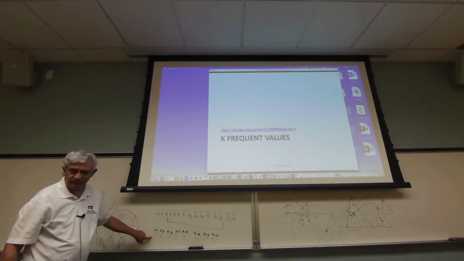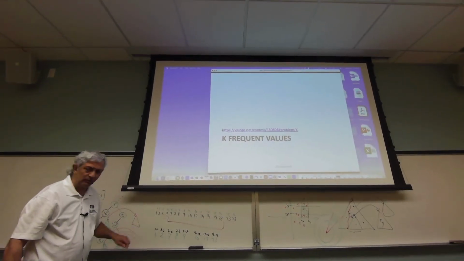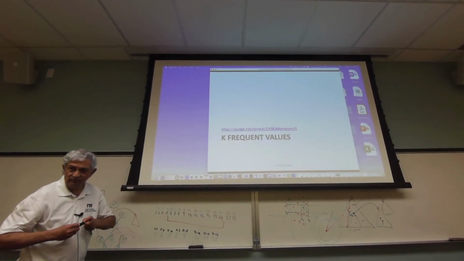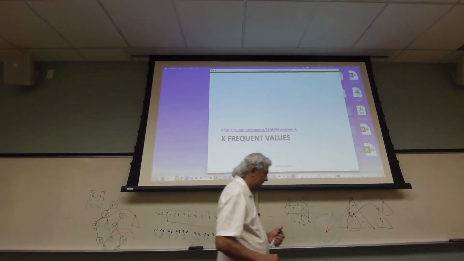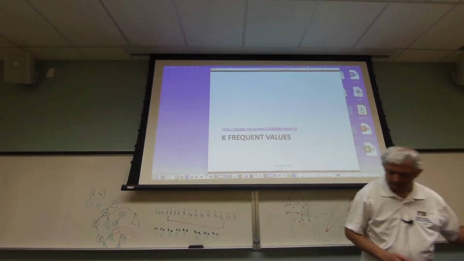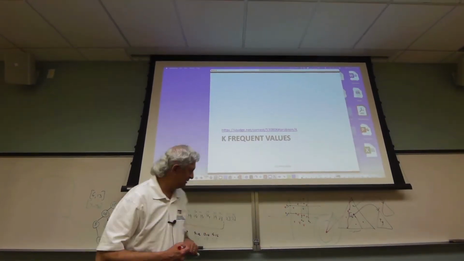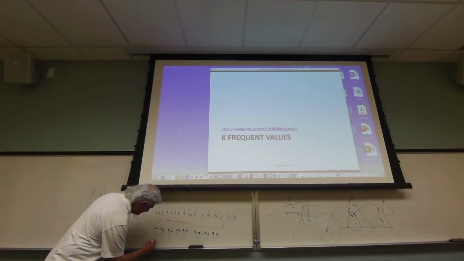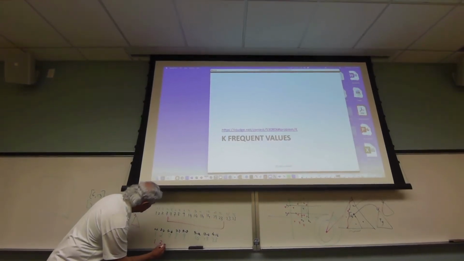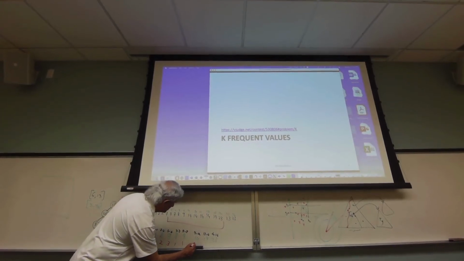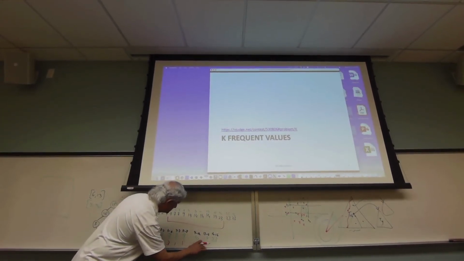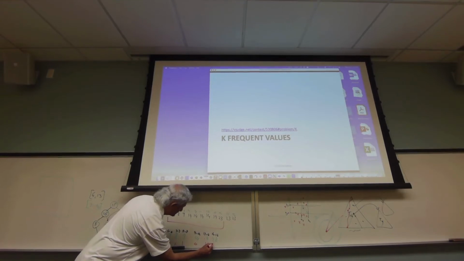Now I'm also going to add to it the frequency of each of these. So what's the frequency? Well, 1 shows up 1 time, 2 shows up 2 times, 7 shows up 3 times, then 1 time, 4 times, 1, and 3 times.